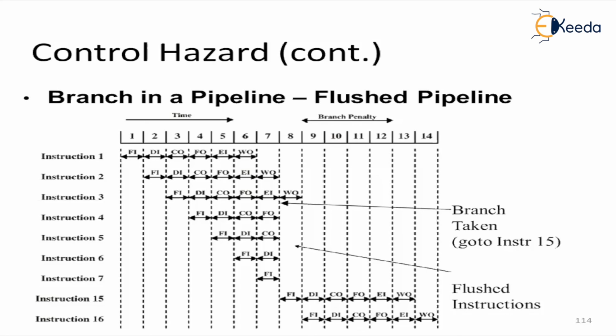But from instruction 4 to instruction 7, there is a flushed pipeline where the CPU is not sure whether it will be able to execute the next set of instructions and therefore the pipeline flush occurs here. Hence, it is called the flushed set of instructions. So this is how the instruction flow in a branch in a pipeline continues up to the last set of instructions, till the last set of instructions is executed.